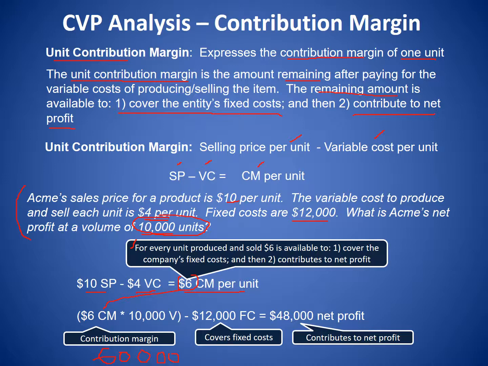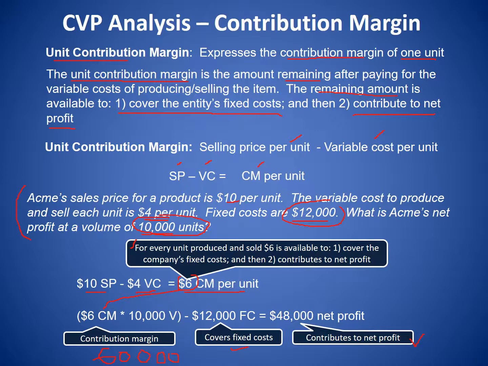Minus our fixed cost of $12,000 equals a $48,000 net profit. And we can see our contribution margin first covers our fixed cost, and then it contributes to our net profit. So we end up with a total of $48,000.